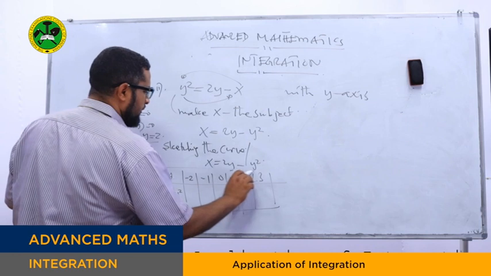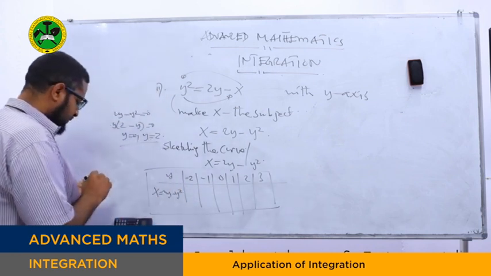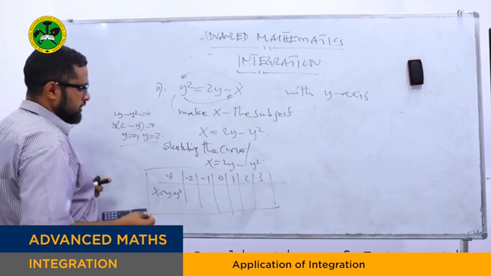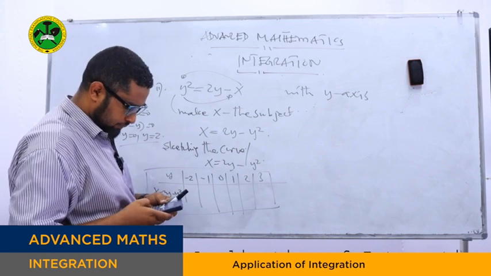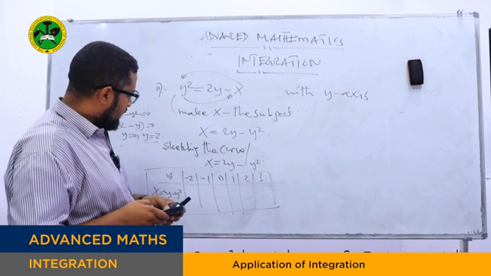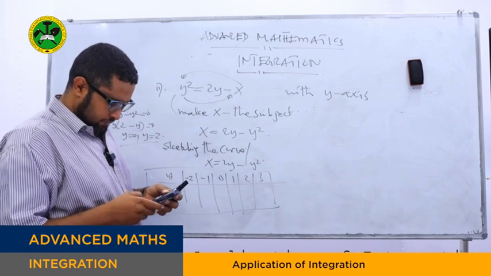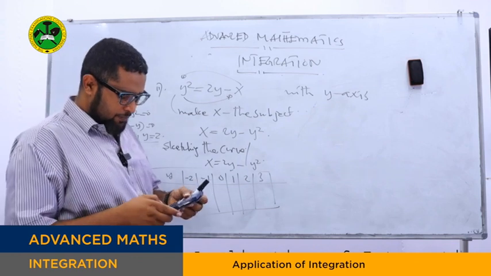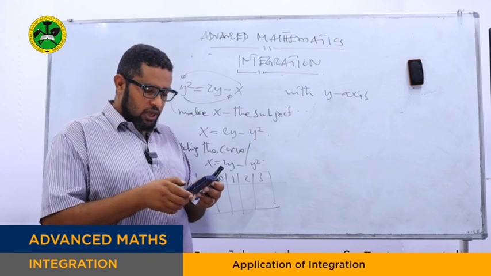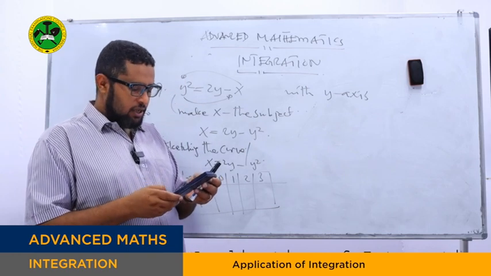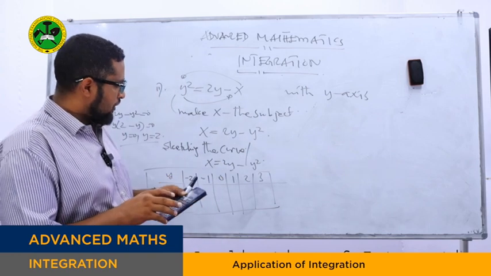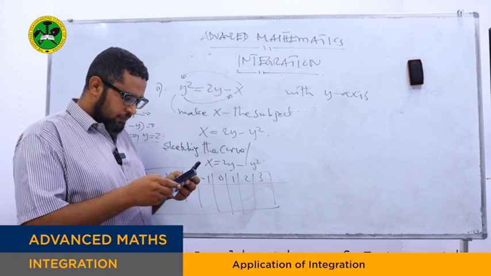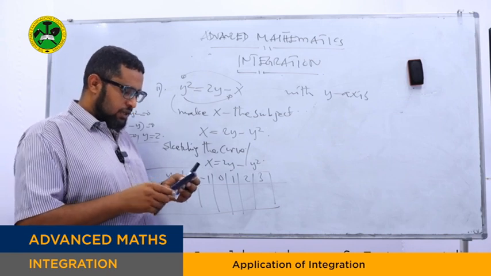Thereafter, take your calculator and write the function so as to save time. Using alpha, we write x equal to 2 alpha y minus alpha y squared.